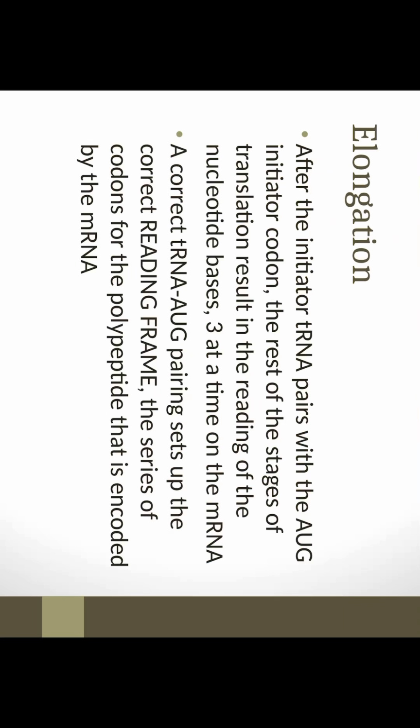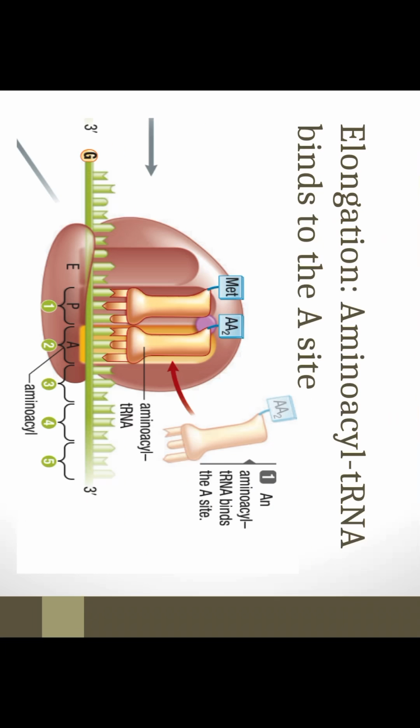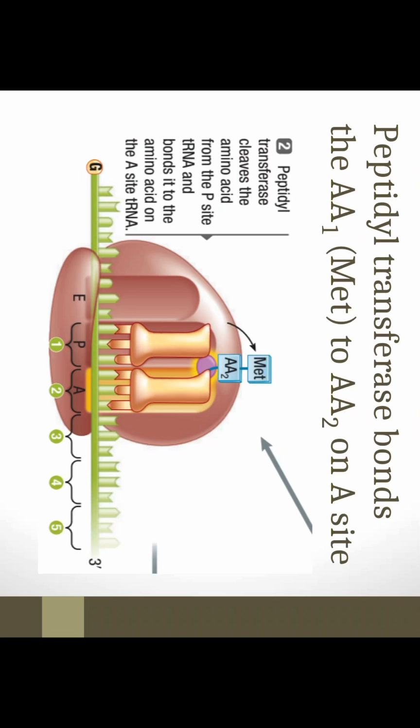Okay, then we look at elongation. So the first thing that happens is the tRNA with the second amino acid on it goes into the A site, and then the peptidyl transferase, or that enzyme, will help attach the second amino acid to the first one.